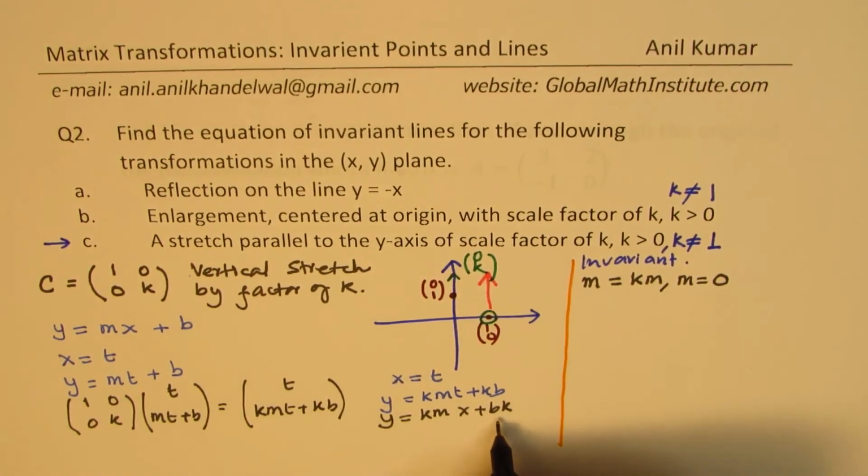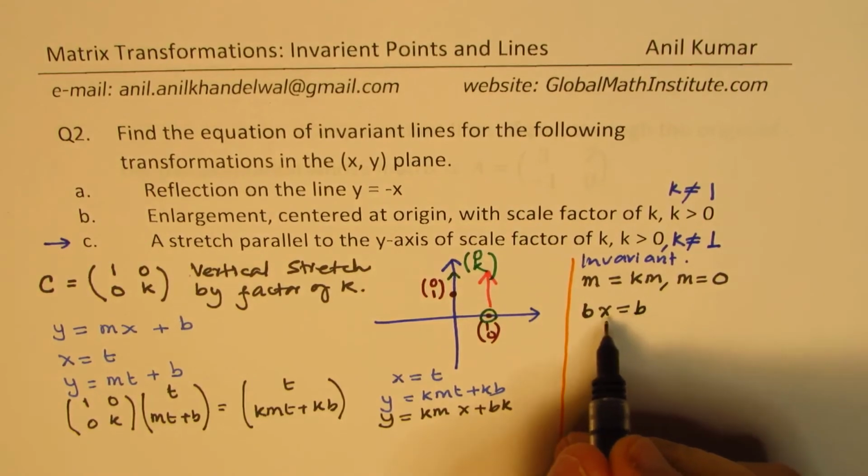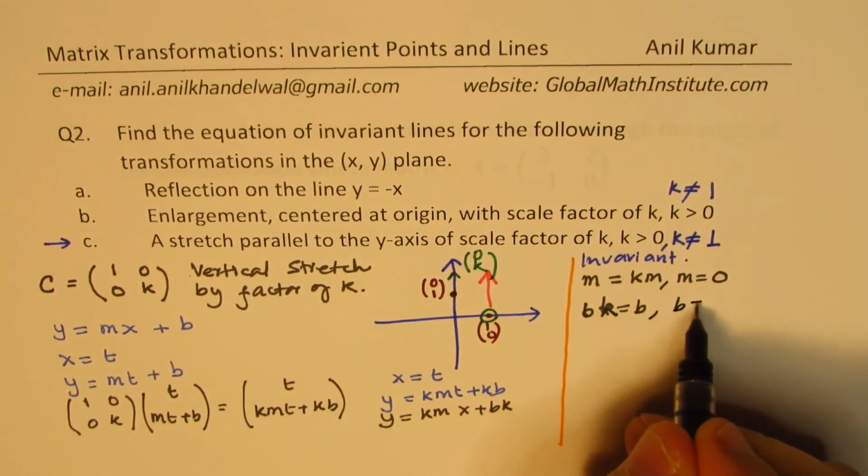As far as the y-intercept is concerned, kb equals b is possible when b equals 0.